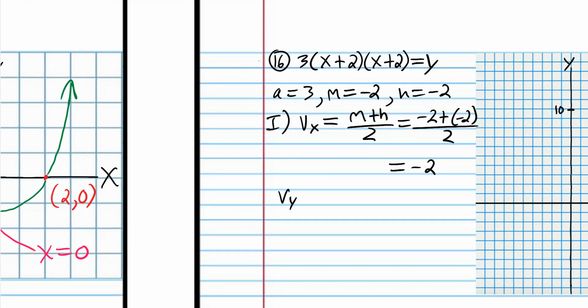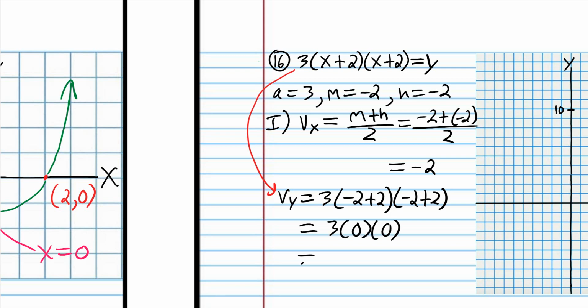Then we're going to find the y value of the vertex by plugging in the x value of the vertex into the original equation. And we get 3 times 0 times 0, which obviously is 0, so therefore the vertex is negative 2, 0.